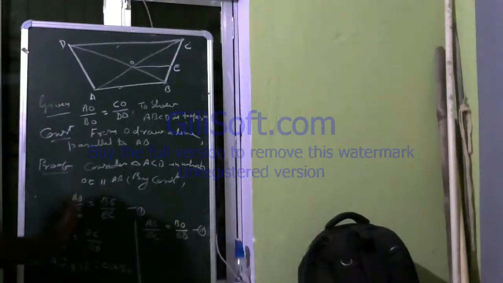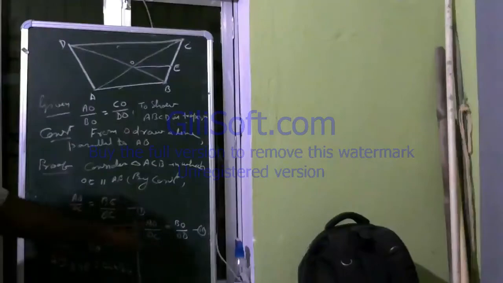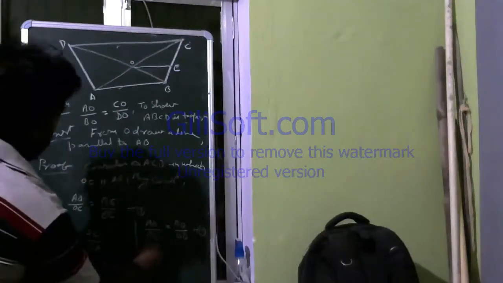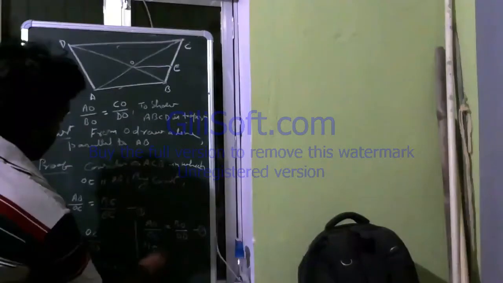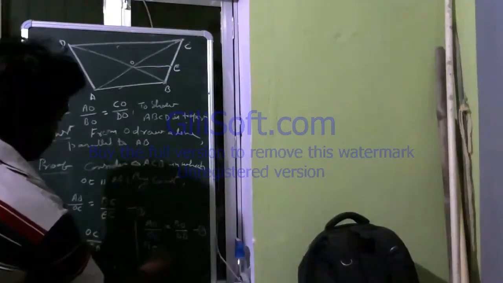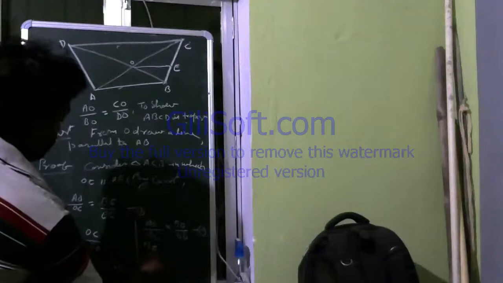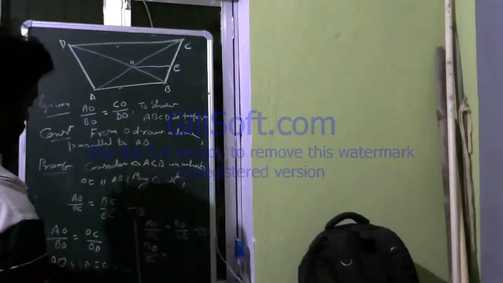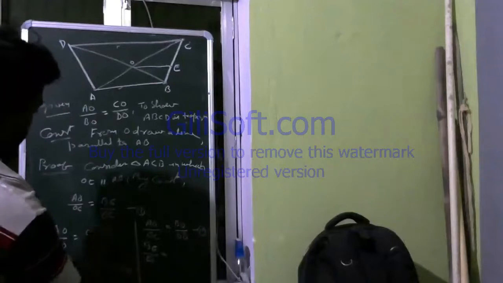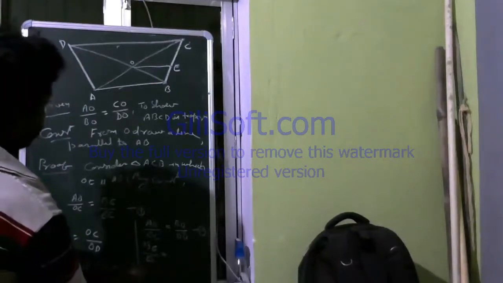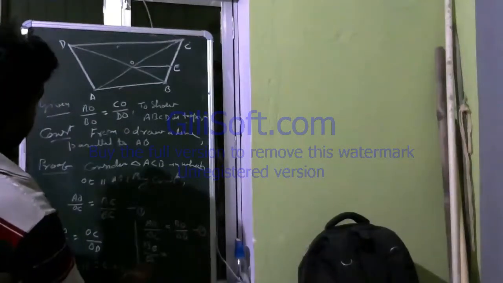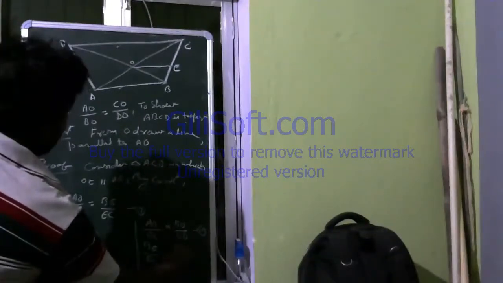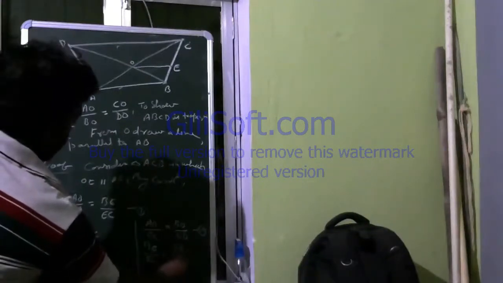Both left hand side is AO by OC. So right here we get BE by EC and BO by OD.